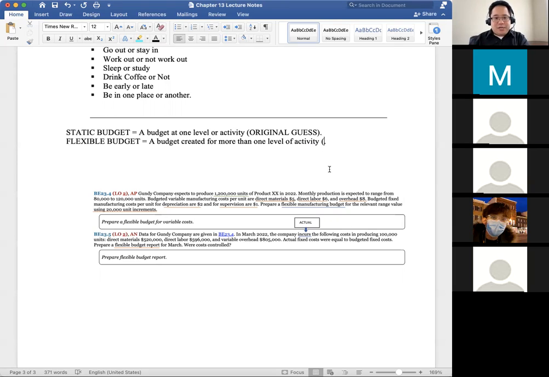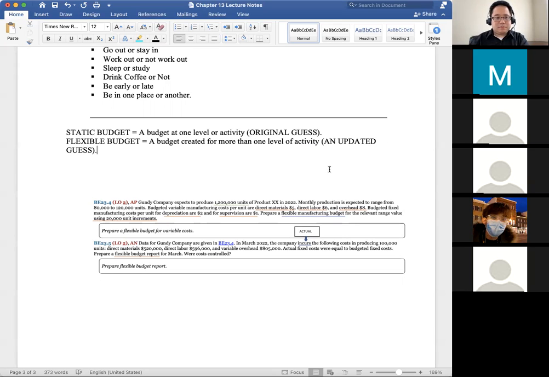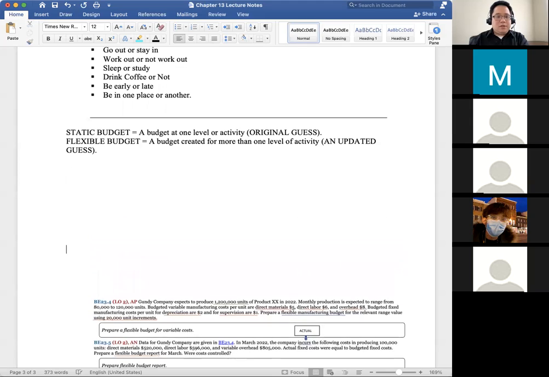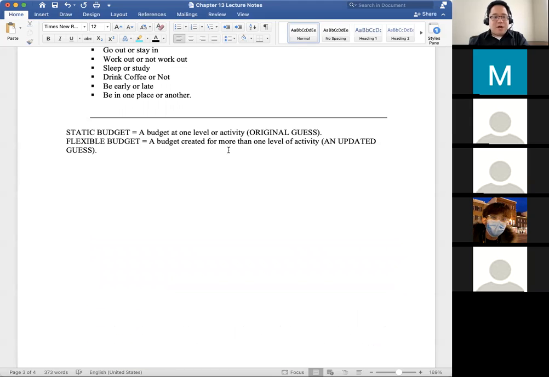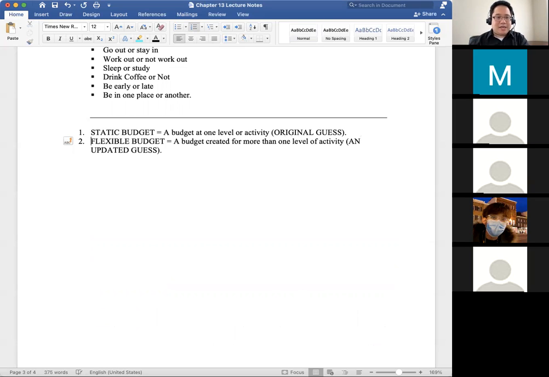A flexible budget is an updated budget, an updated guess. So in the decision-making process for incremental analysis or any type of responsibility control, you always do a static budget first, and then you do a flexible budget second.